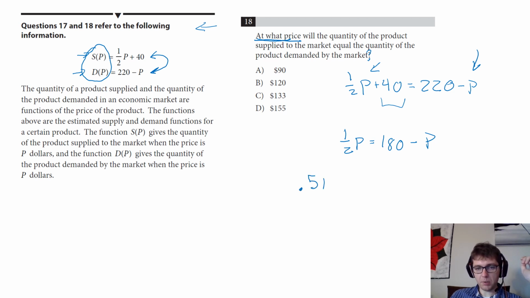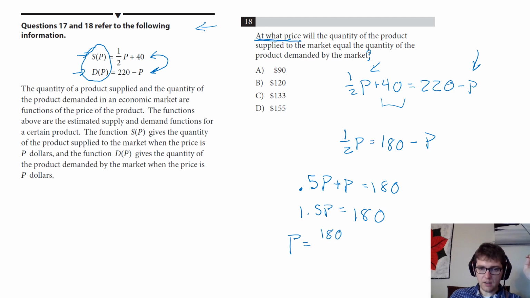So 0.5 P plus P is equal to 180, which means that 1.5 P is equal to 180. So P is equal to 180 divided by 1.5. Plug that into your calculator and you will see that P is equal to 120 when those two equations are equal. So 120 is answer choice B. B is the correct answer.